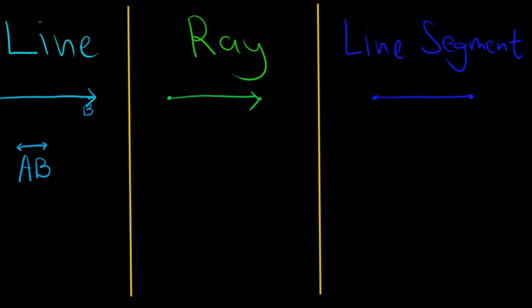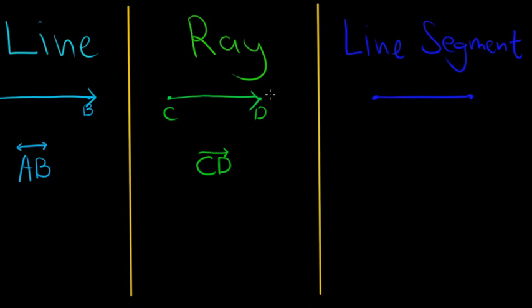In a ray, let's name another couple of points. Let's say we have here points C and D. In symbol, we are going to write that as capital letters CD with a miniature of this ray right above them, but it only points toward the right.